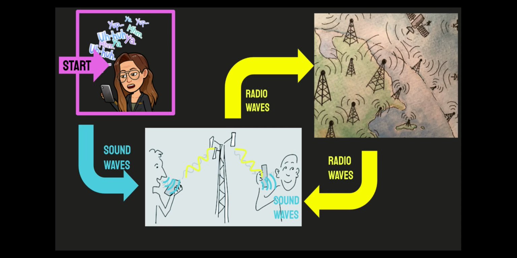And depending on how far the person is that you want to talk to, it might bounce off multiple cell towers until it gets to the cell phone of the person you're trying to reach. Once those radio waves reach that cell phone, it then translates those radio waves back into sound waves so the other person can hear exactly what you wanted to say.